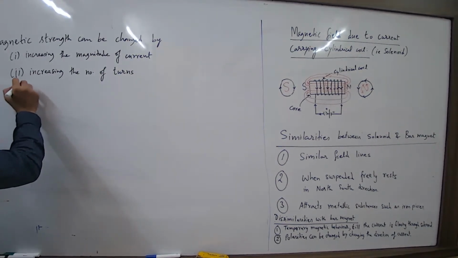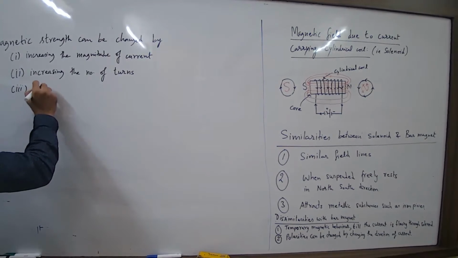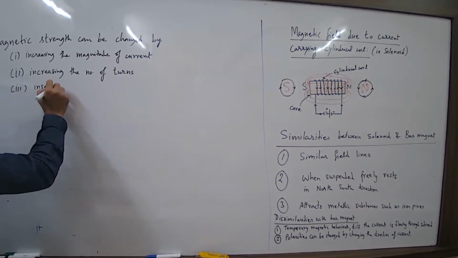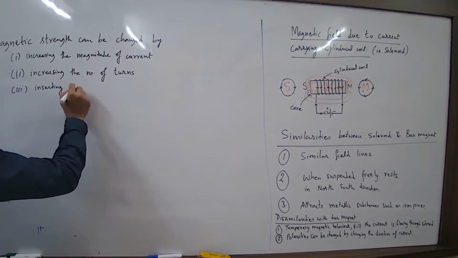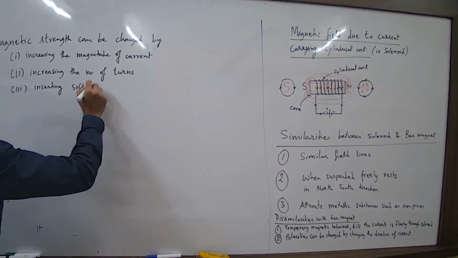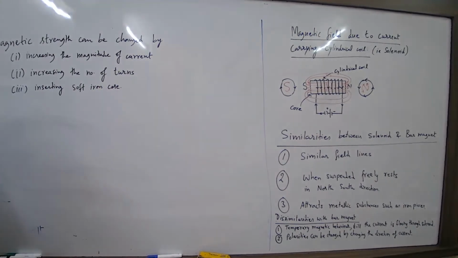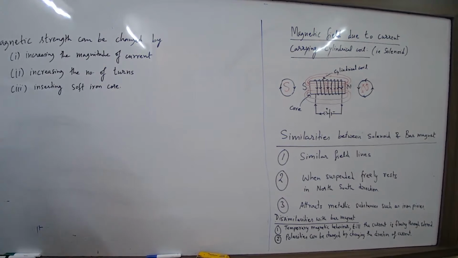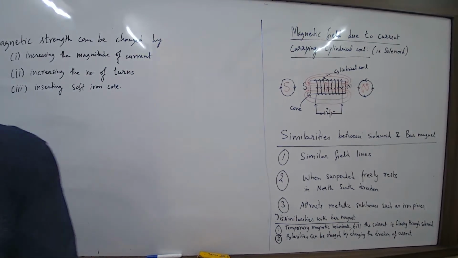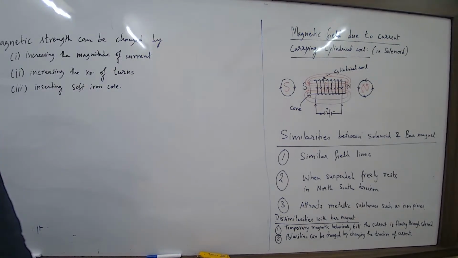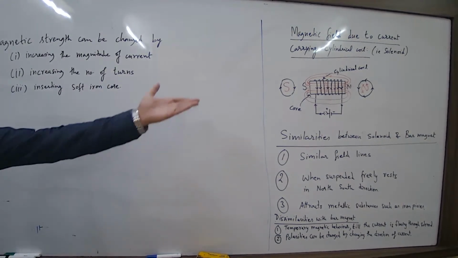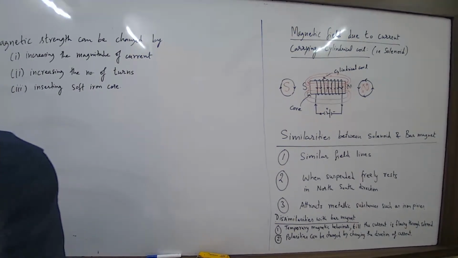Third is inserting soft iron core. जब भी हम मैग्नेटिक सब्सटेंस डालते हैं तो उसका फील्ड सडनली बहुत ज्यादा बढ़ जाता है. Okay. So this itself is electromagnet. This is electromagnet. Okay.